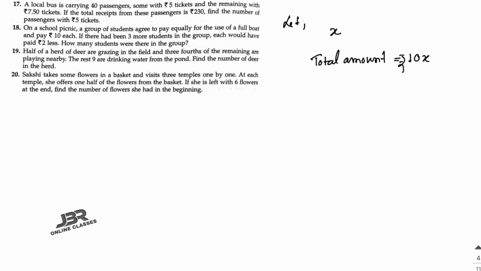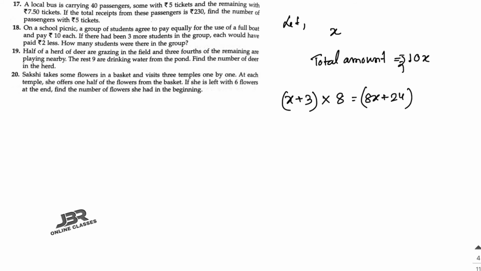Clear? Now if there had been 3 more students, the number of students is x plus 3, and each would have paid rupees 2 less. At first they paid rupees 10, so now they will pay rupees 8. So that means 8x plus 24 is the total amount.